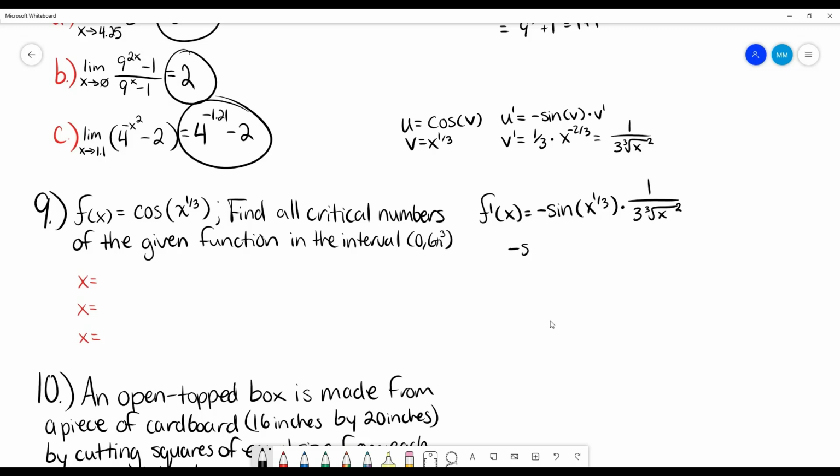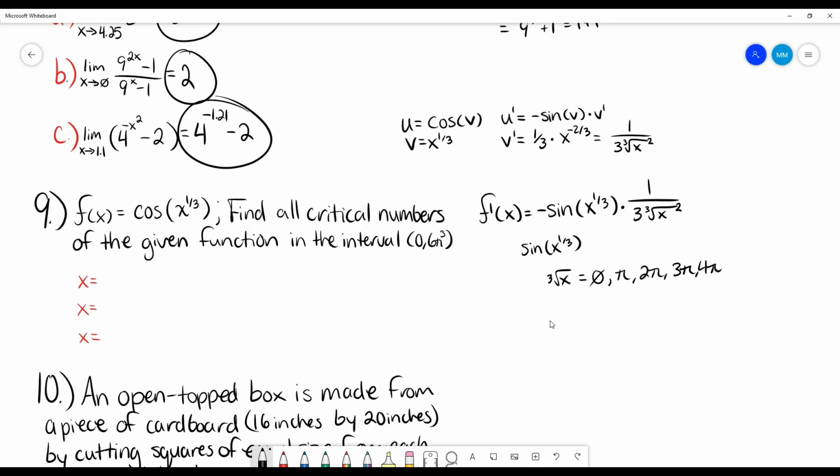So we just need to look at when this equals 0, which means that x to the 1/3, or our cube root of x, has to be something that makes our sine function equal 0. When does sine equal 0? Well, sine equals 0 whenever x equals 0, or whenever x equals pi, or 2 pi, or so on, right? 3 pi, 4 pi, forever and ever.